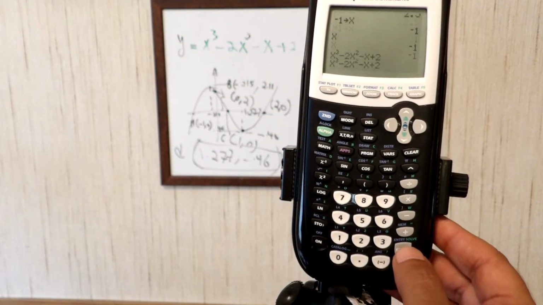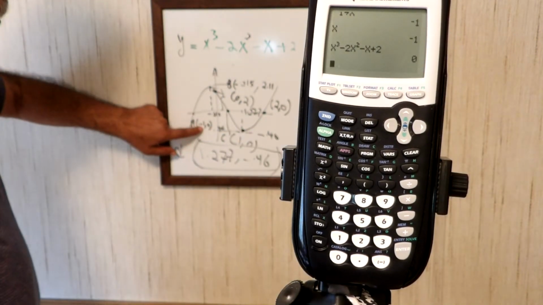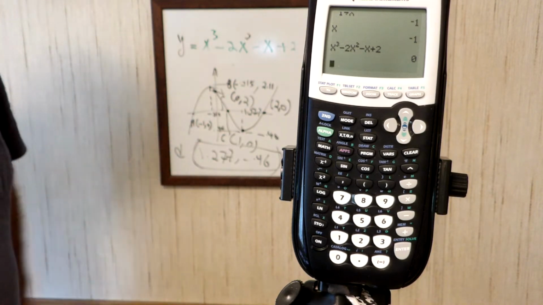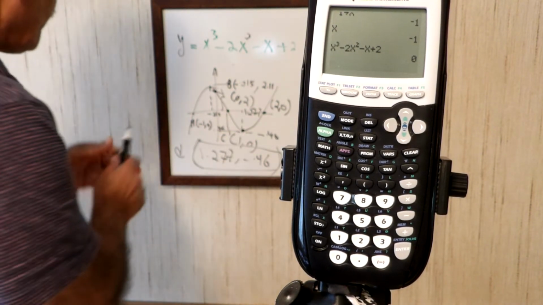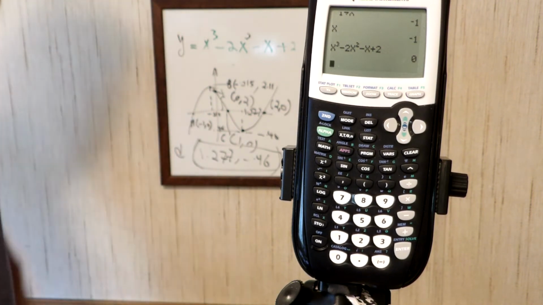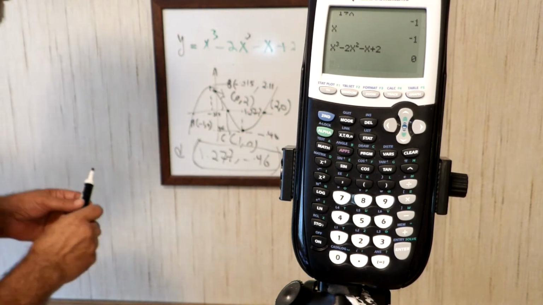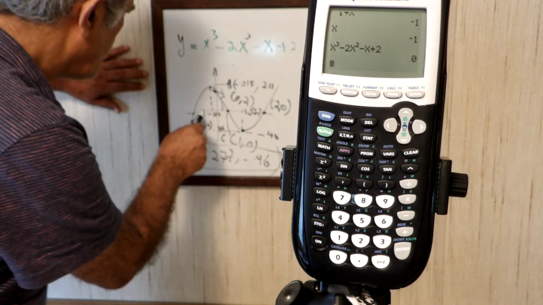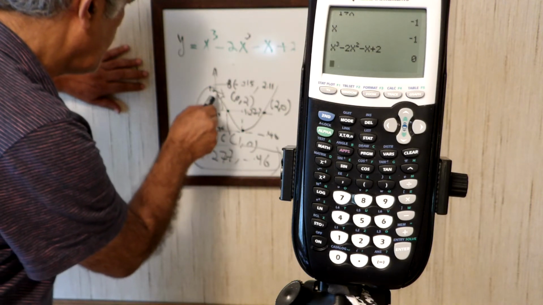What is it going to be? It's going to be 0. See here? X is -1, we give the value x is -1 and y is going to be 0. How about we put -0.5?